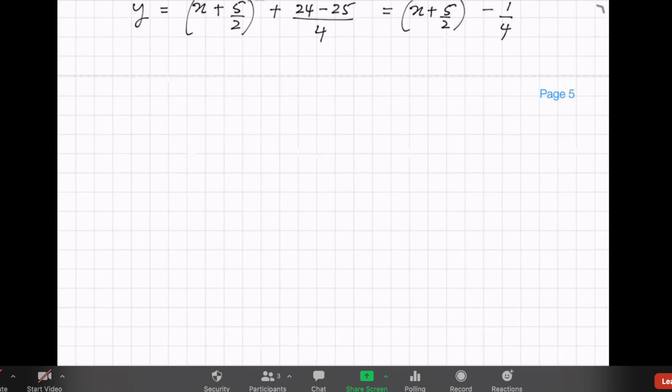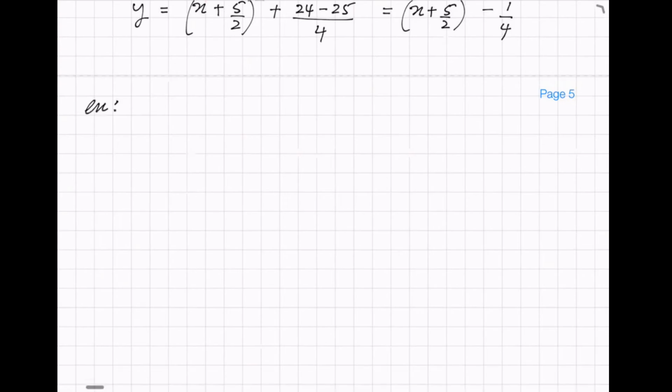Next example, if you have y is equal to x squared minus 3x plus 1, factorize using perfect square method.